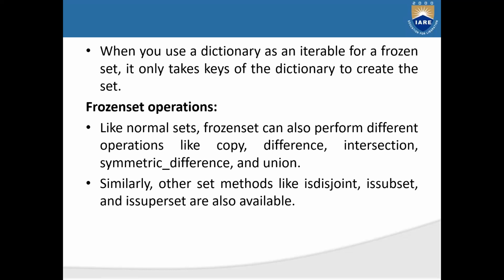Some of the operations we can perform on frozen sets are copy, difference, intersection, symmetric difference, and union, and some set methods like isdisjoint, issubset, and issuperset. So these are the only operations which can be performed on frozen sets. Clear?